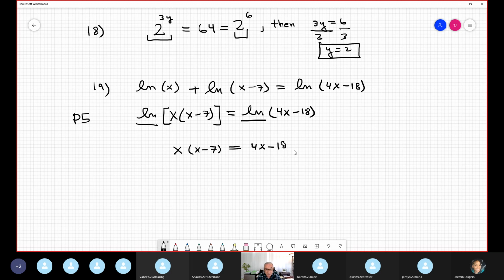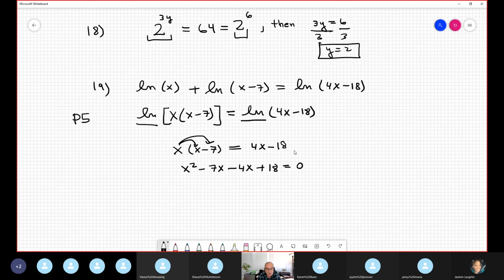I transform this equation into a quadratic equation. You apply the distributive property: x squared minus 7x minus 4x plus 18 equals 0.